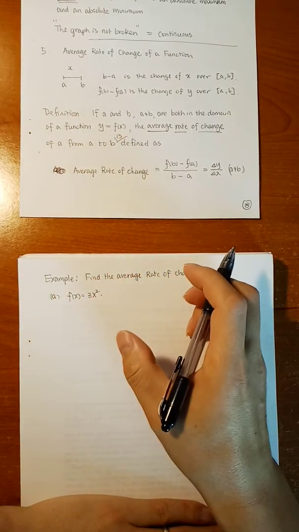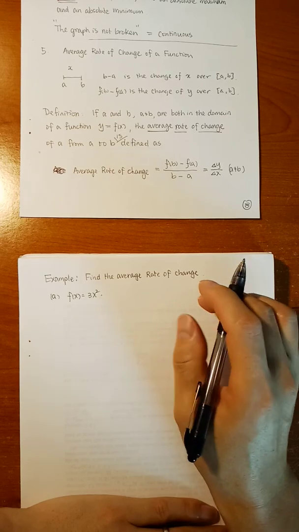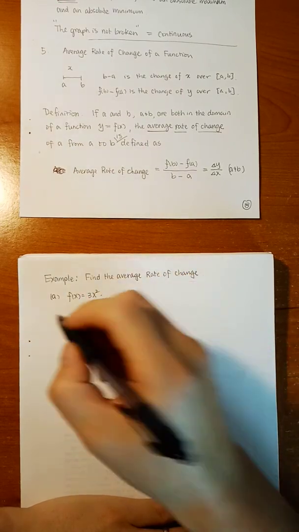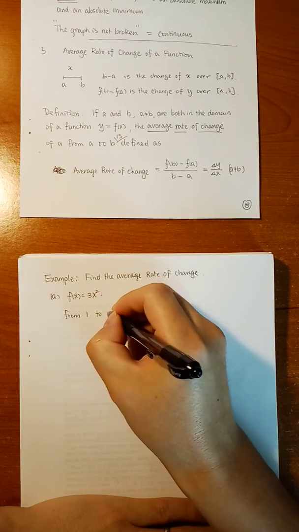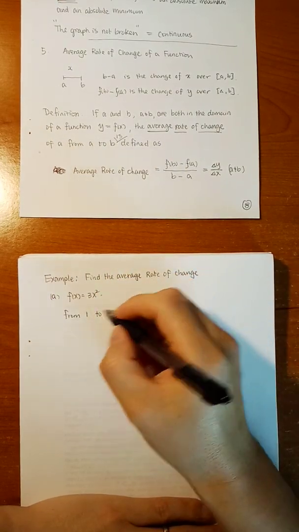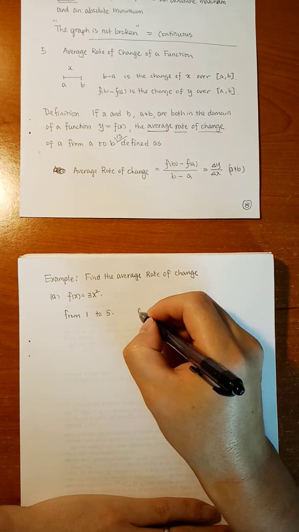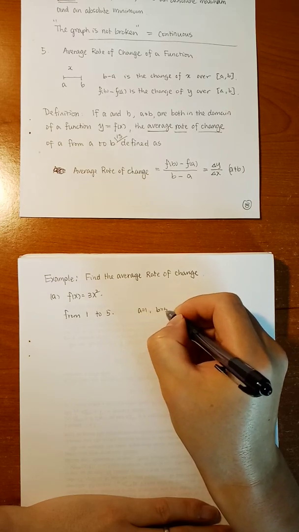It depends on the domain, the interval. You have a, b, okay? So let's say from 1 to 5. If it's from 1 to 5, a is 1, b is 5.